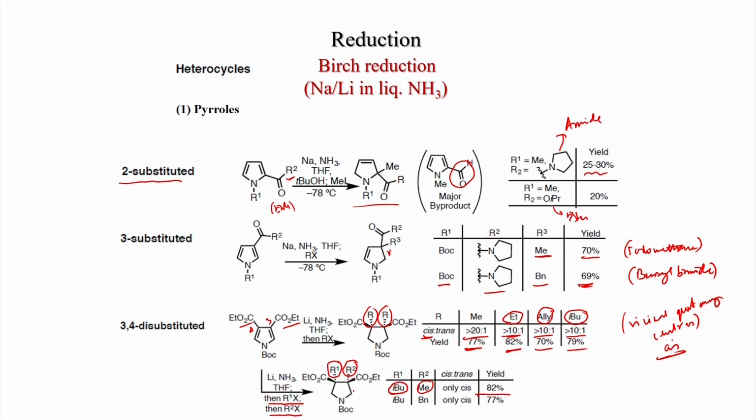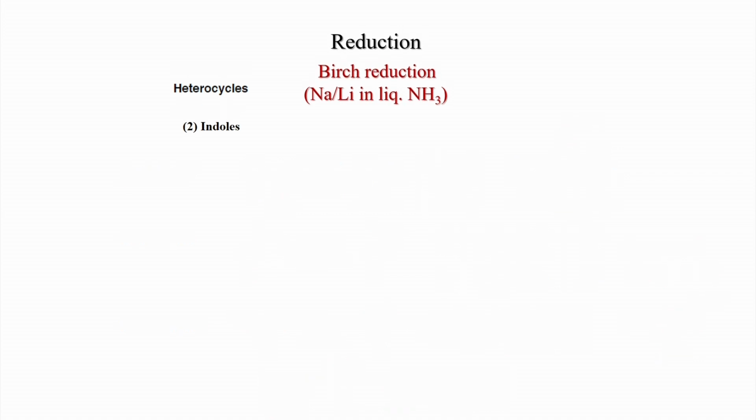This is a symmetrical compound, so it does not matter where R1 comes first, you get the same compound, but the geometry is important, cis. Now, again if you treat with isobutyl iodide and then benzyl bromide, here also you get the cis product with 77% yield.